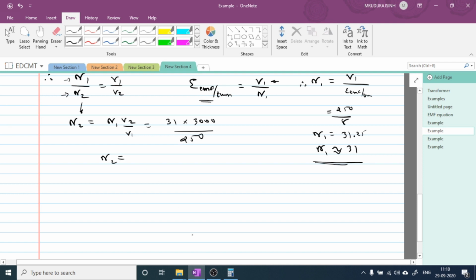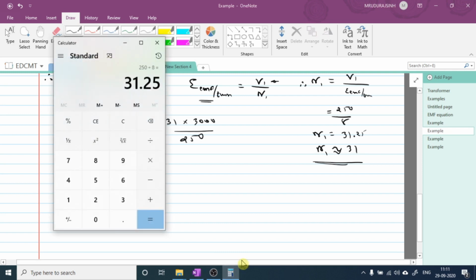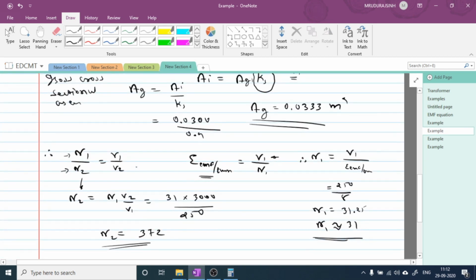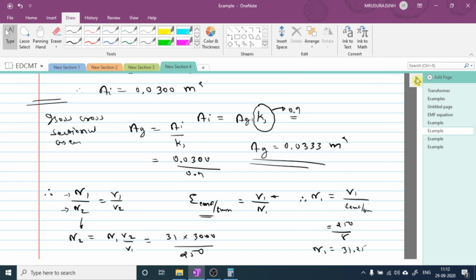So N2 is equal to 31 multiplied by 3000 divided by 250. So it's 372, right? So N2 is 372 turns. So this is the final example of how you can solve this thing.